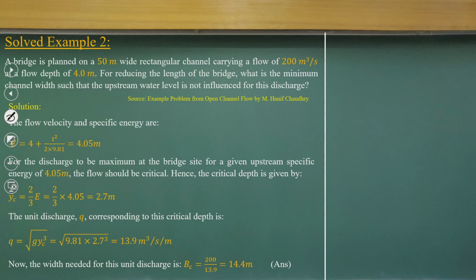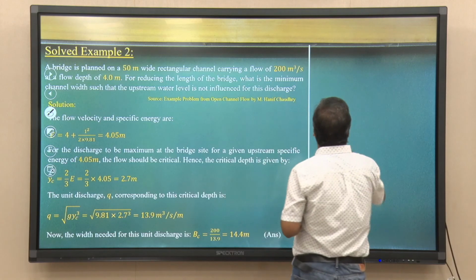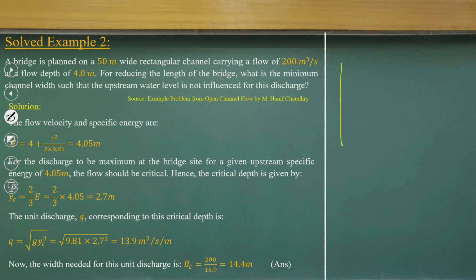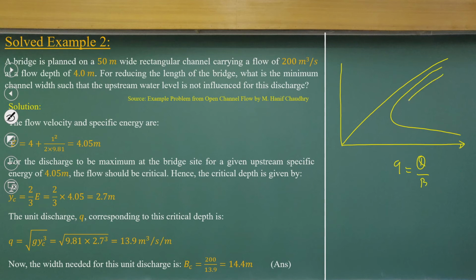So, indirectly it is saying that when you are reducing the width, that is what I can sketch again, you can understand it this way, the same specific energy diagram. You can draw the specific energy for small q, the discharge per unit width. So, I can have these values of Q1 constant, Q2 constant and Q3 constant.